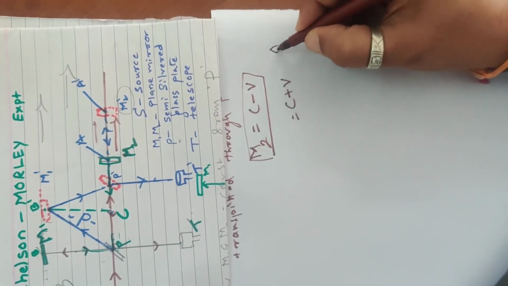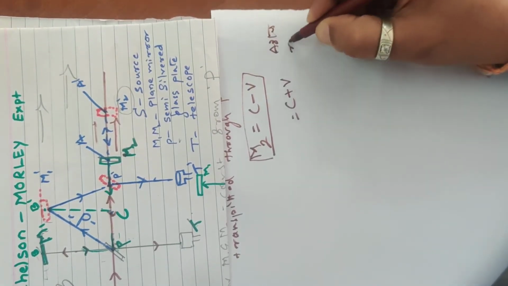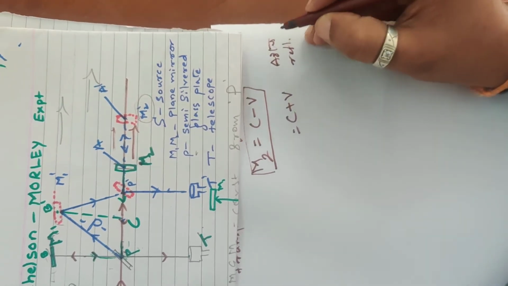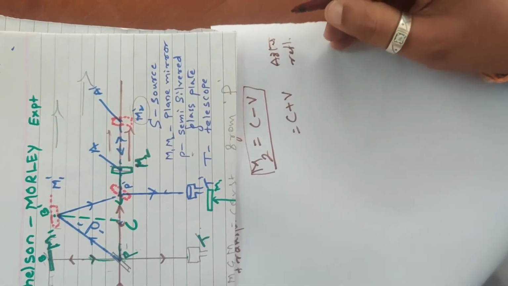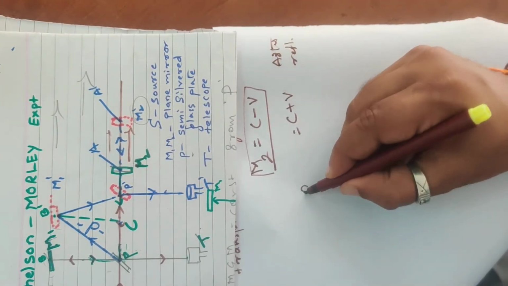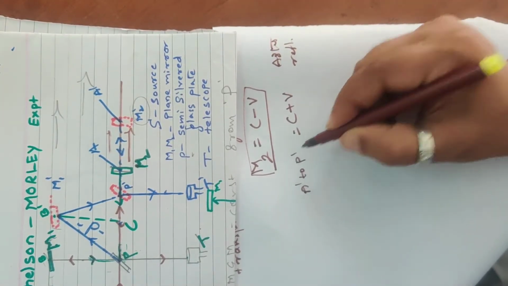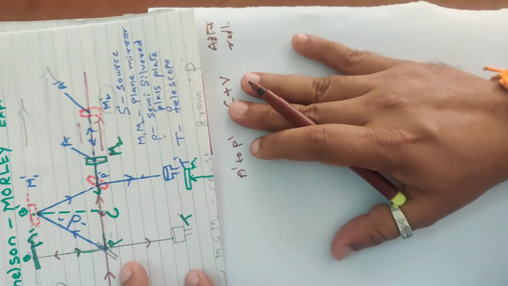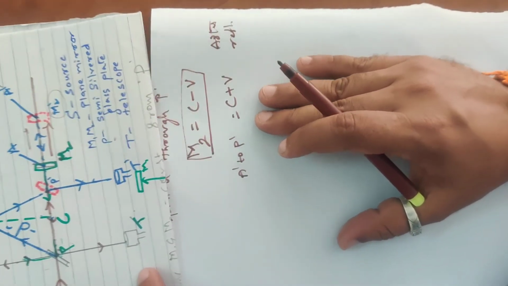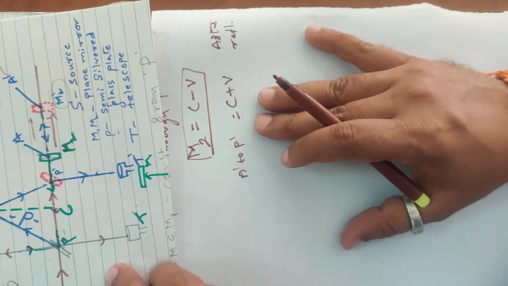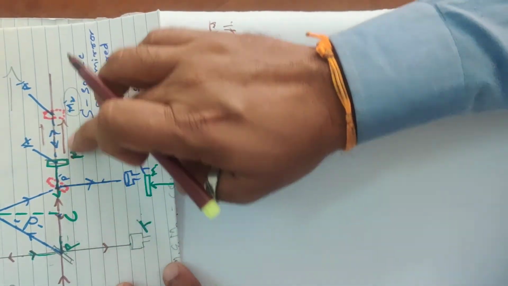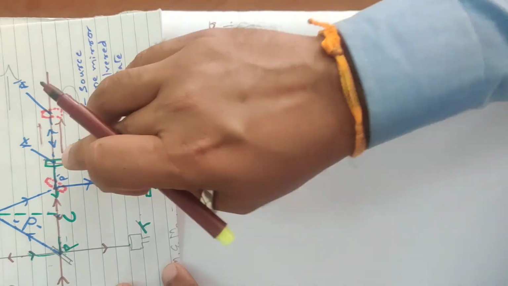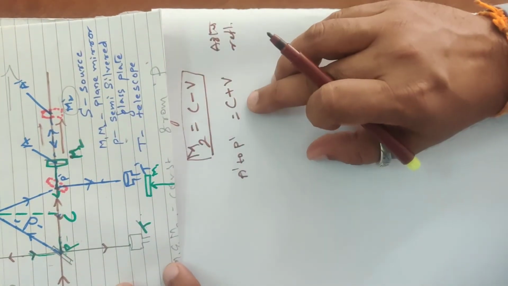When light travels from A dash to P dash, the velocity will be c plus v. This we know. So when the ray of light moves toward this direction it is c minus v, and after reflection it becomes c plus v.